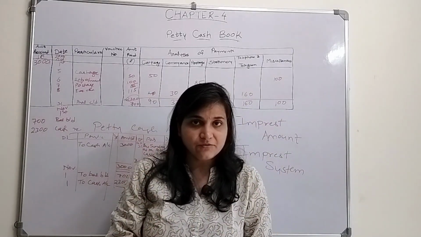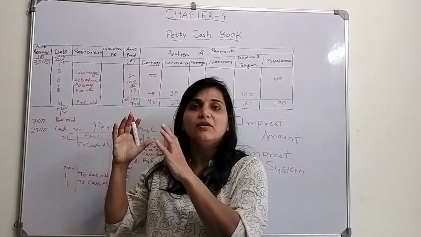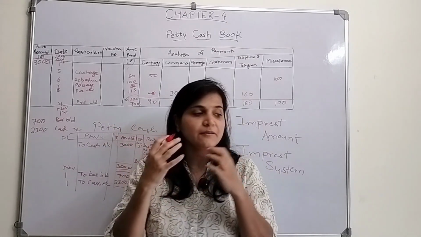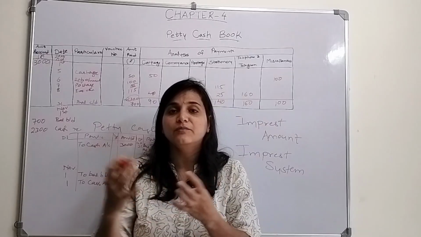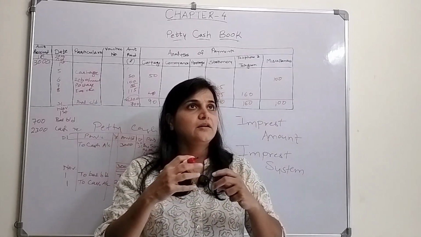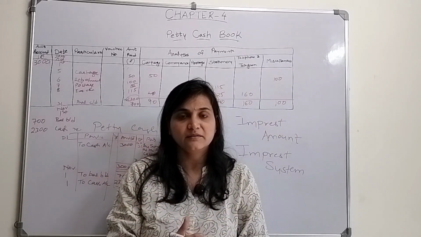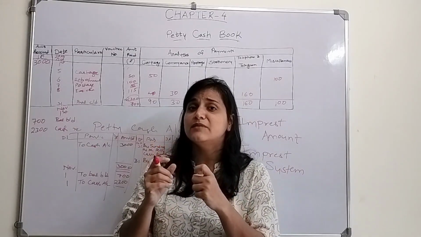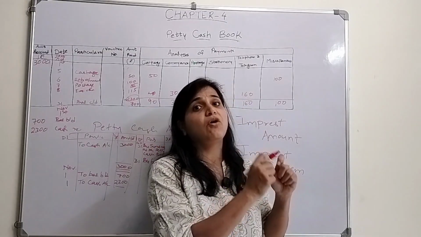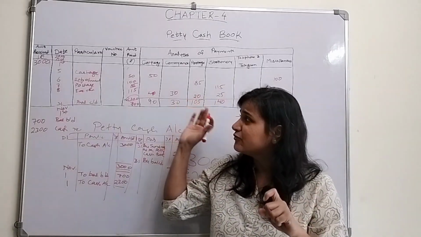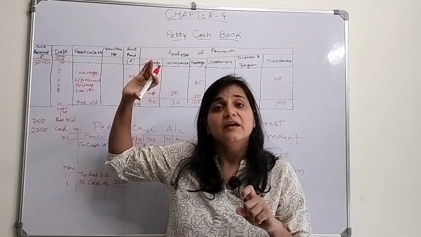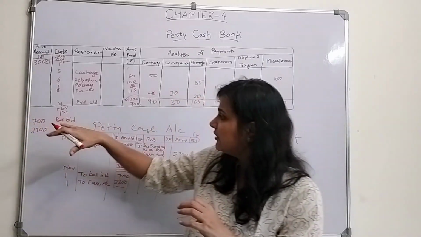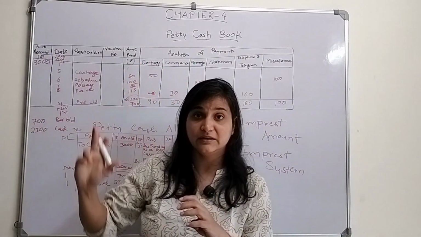Now there are obvious benefits. When all these things are being done, the activities of the main cashier become less. The main cashier does not have to maintain these books, and we have studied the materiality concept, where whatever is material needs to be recorded in the books. These are small petty expenses, which will be recorded separately, and the major amount given to the petty cash account will come in the cash book.